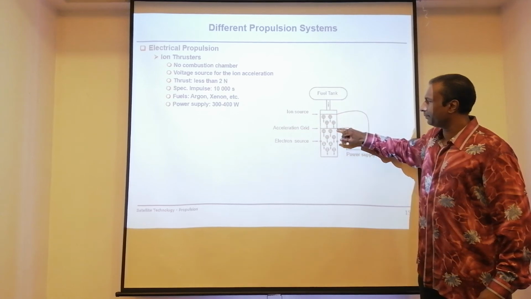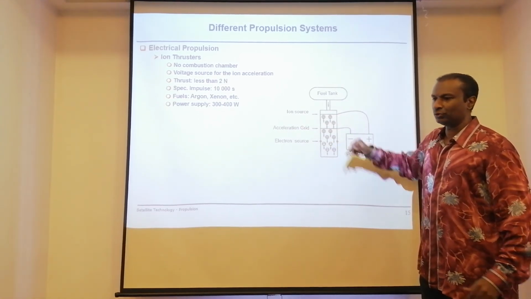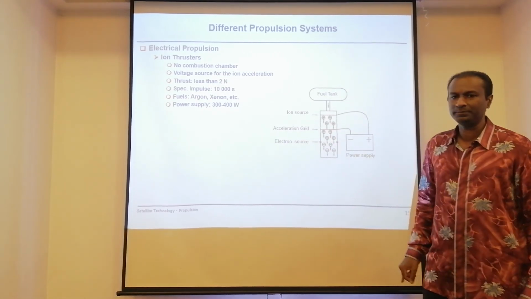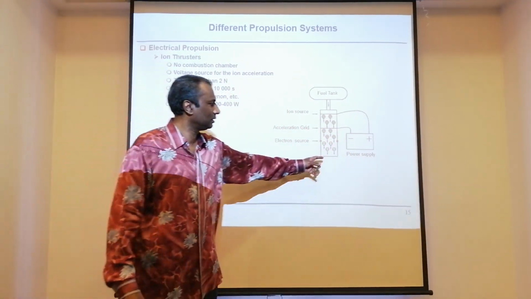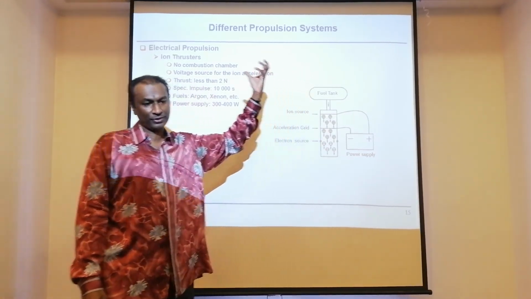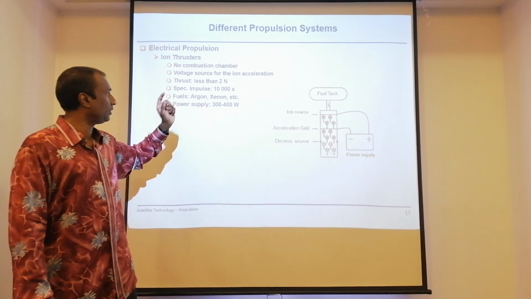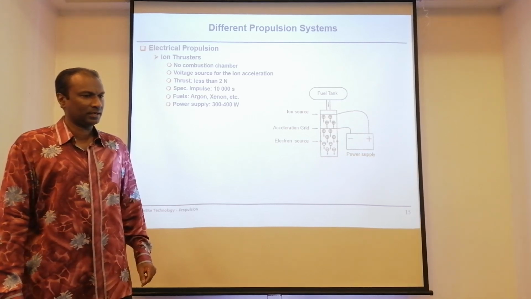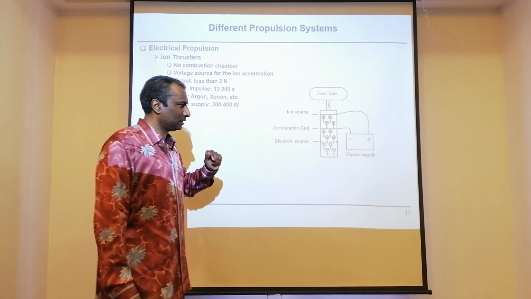The ions are attracted to this grid, and the faster it attracts, the faster it pumps out the gas at the back. That gives you a thrust, and your rigid body can move up. It's a very interesting option when you want to look at interplanetary missions. Argon gas is normally used as a fuel, or xenon gas.